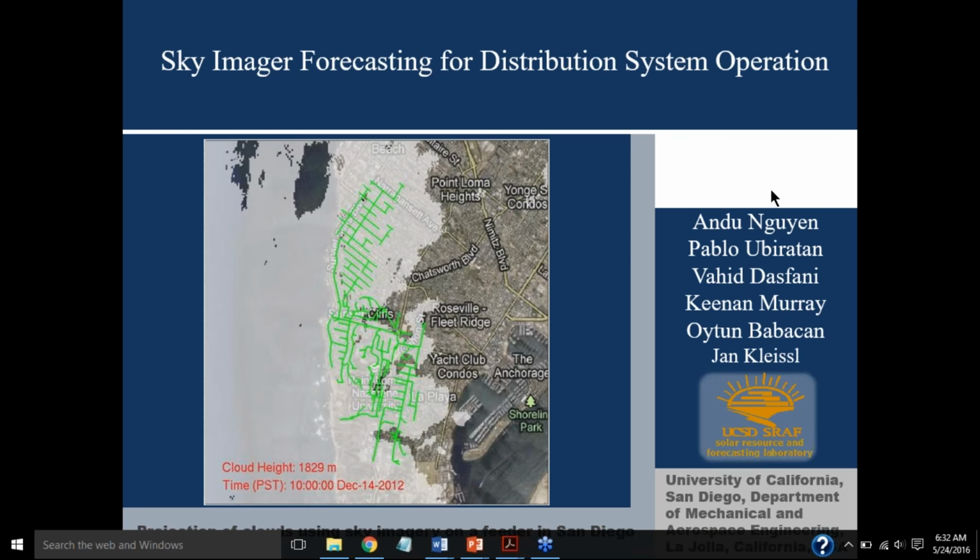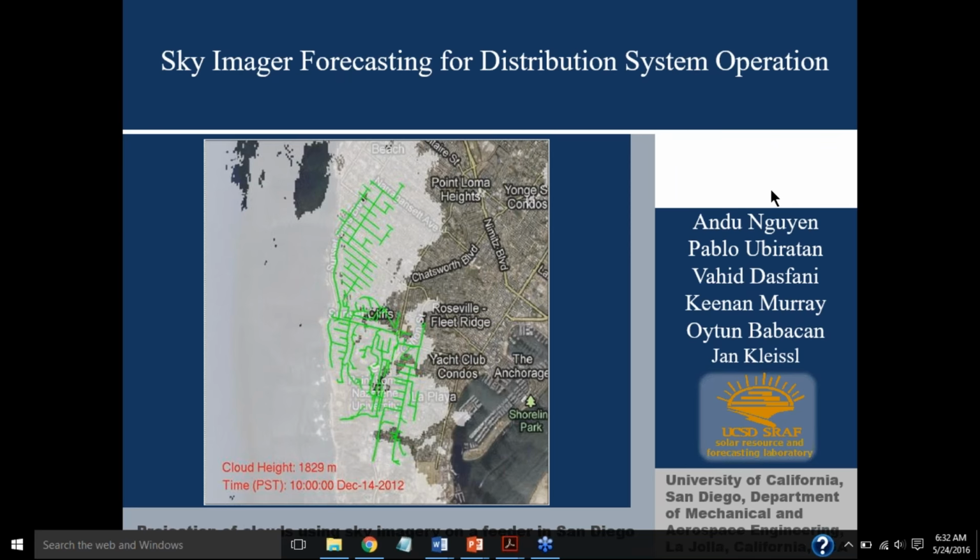Dr. Kleissl's solar variability models, sky imager solar forecasting tools, and numerical weather prediction solar forecasts have been commercialized and are being used operationally to advance solar power integration. He received his undergraduate engineering degree from the University of Stuttgart in Germany and a PhD from the Johns Hopkins University, both in environmental engineering.